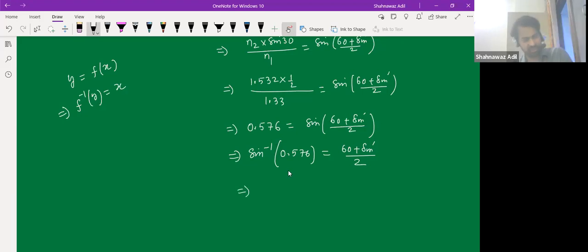So how much is this value? How much is this sine inverse? Let me check this value.